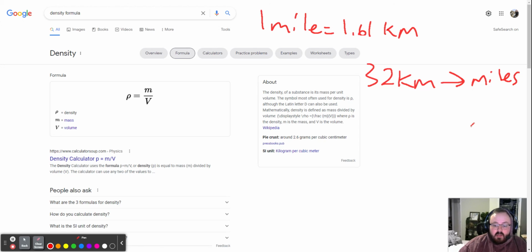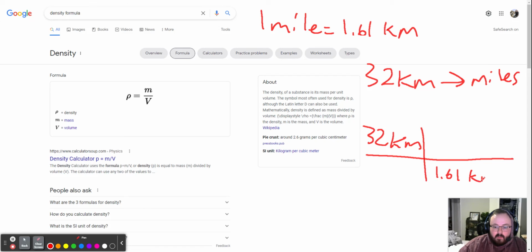One way that I saw you can do it is you take your 32 kilometers and you make almost like a box like this. You do 32 kilometers and then you put your conversion factor down at the bottom.